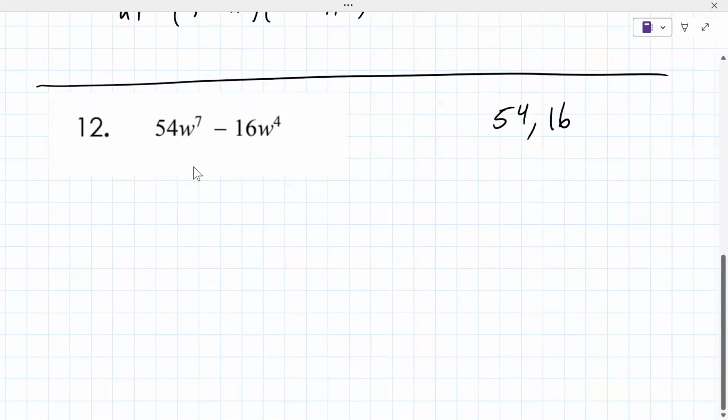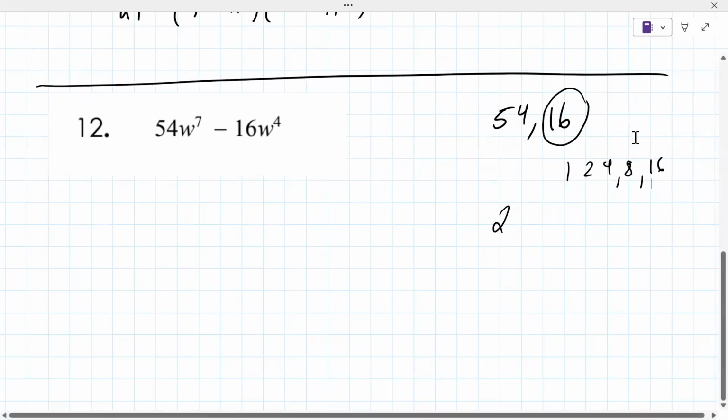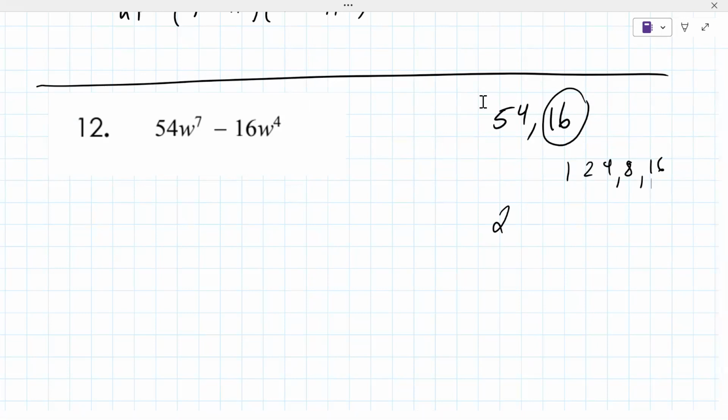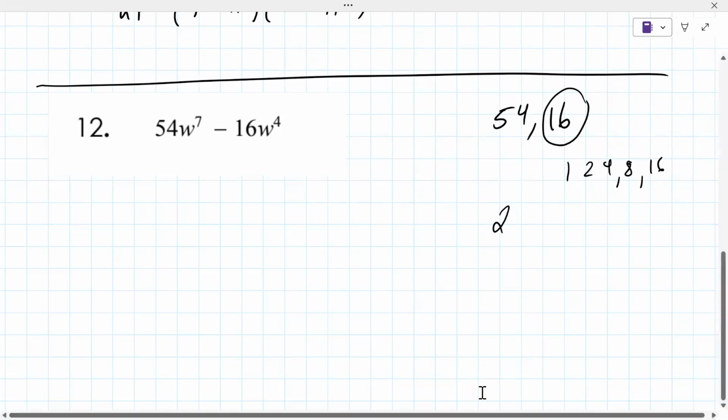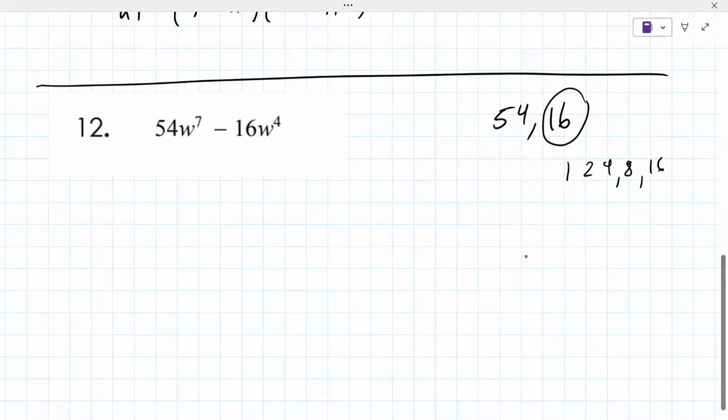It's not a perfect number. 16 does not go into both. So what some students do is they just sort of guess, like, is it 2? Is it whatever? But you really want to look at the smaller number and look at all the factors of 16: 1, 2, 4, 8, and 16, and figure out, well, what's the biggest one that goes into 54? Like 2 works, but does anything bigger than 2 work?